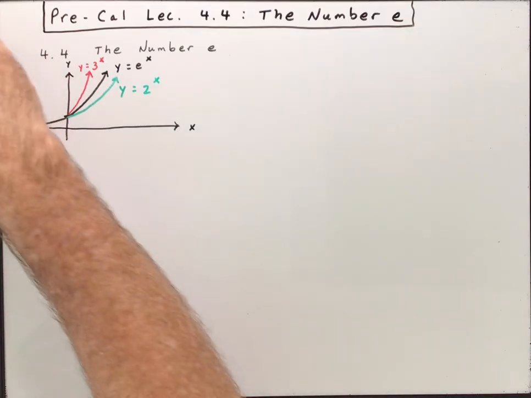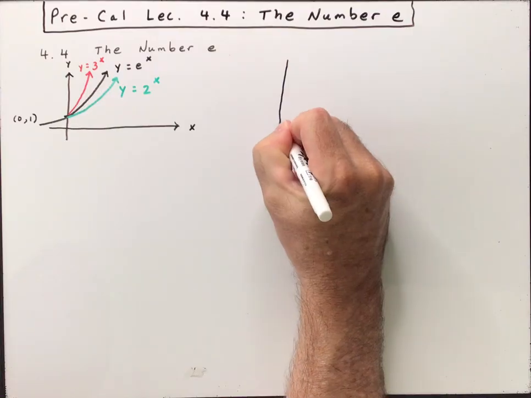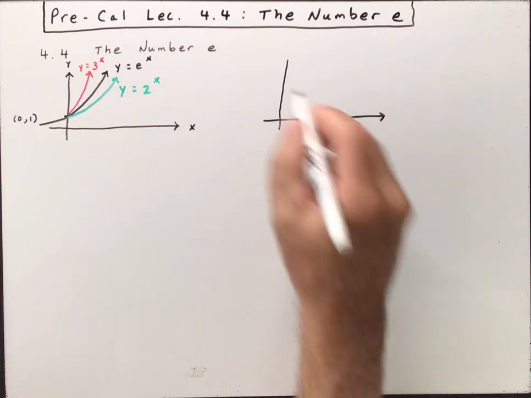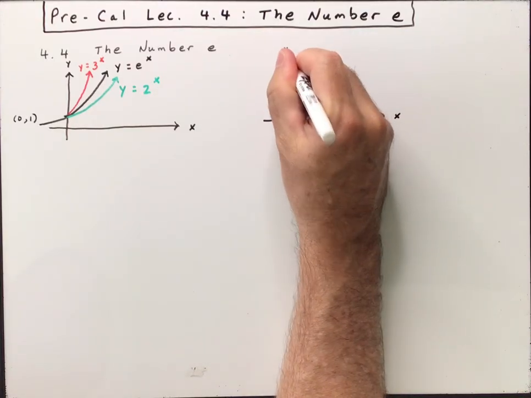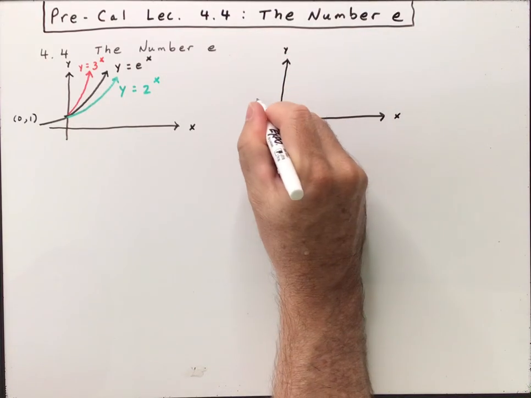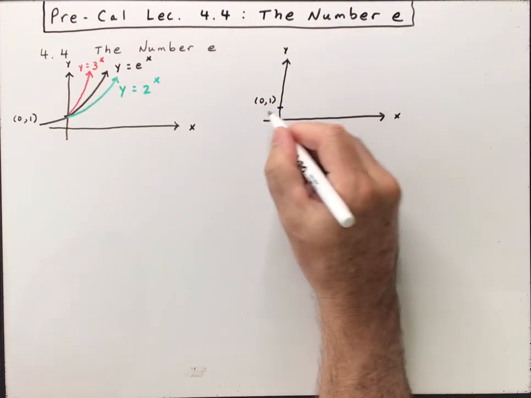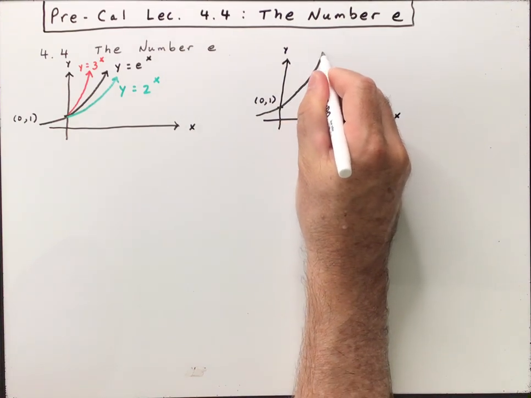So let me draw a graph to the right up on your notes of just y equals e to the x. So here we are at the point 0, 1. So it crosses the y-axis at 1. It's an exponential looking graph.